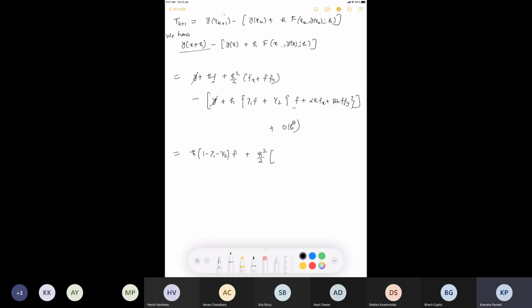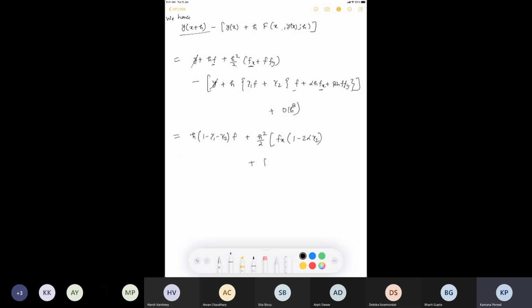Let's see with respect to the f_x. I will get 1 from here, right? As a multiple of f_x, I'll get 1, and then from this term this is going to be minus 2 alpha gamma 2, right?